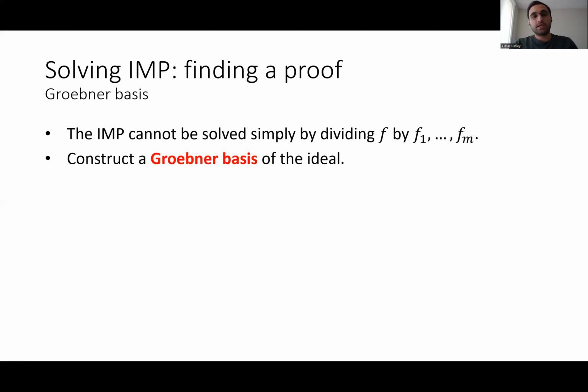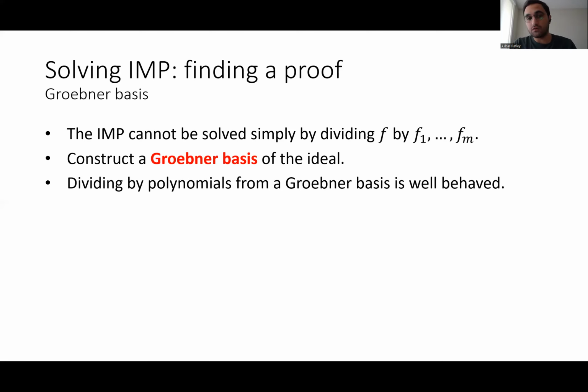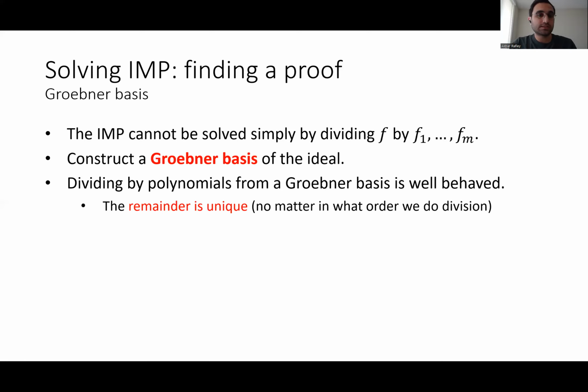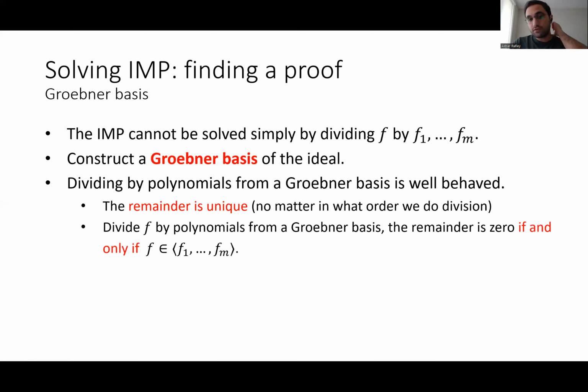In order to have a proof of membership, we need another generating set called Gröbner bases. This is a set of polynomials that generate the ideal, but they are well behaved in terms of division. The remainder is unique if we divide by a Gröbner basis, and when the polynomial f is divided by the Gröbner basis, if the remainder is 0, then the polynomial is in the ideal and vice versa.